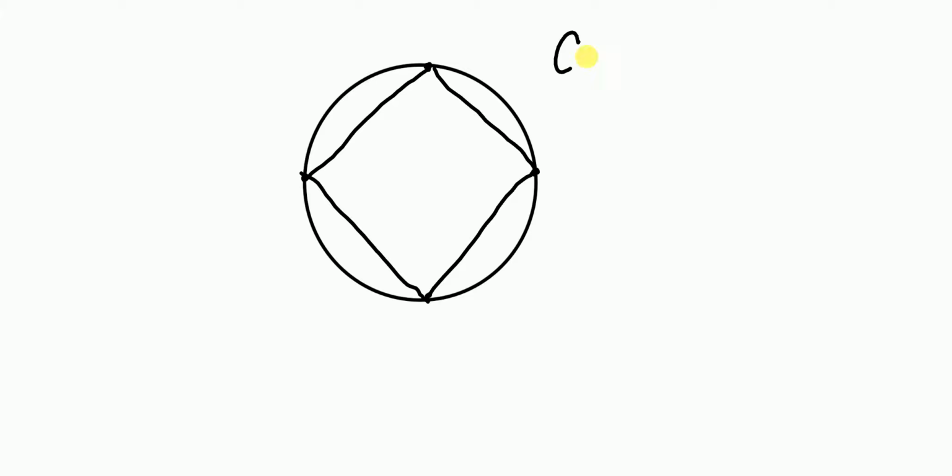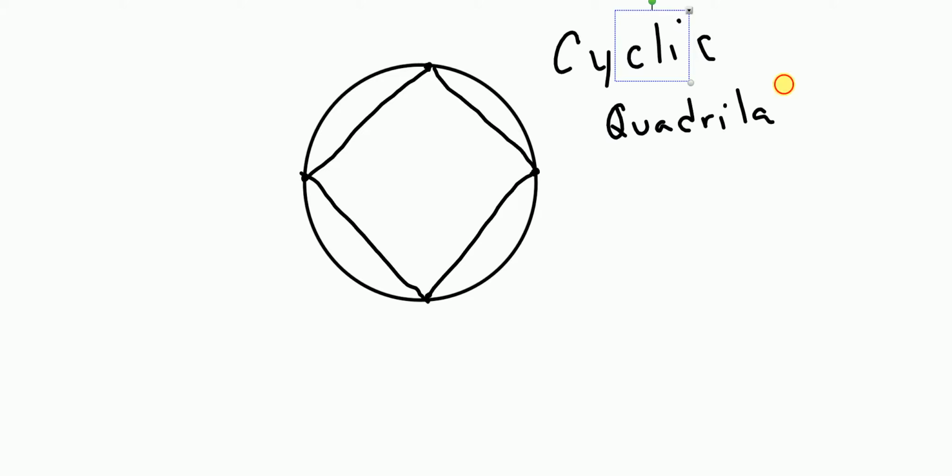I'll write that. Okay, so a cyclic quadrilateral is when a quadrilateral, a four-sided figure, is inscribed or inside of a circle, where it's touching the edges of the circle.